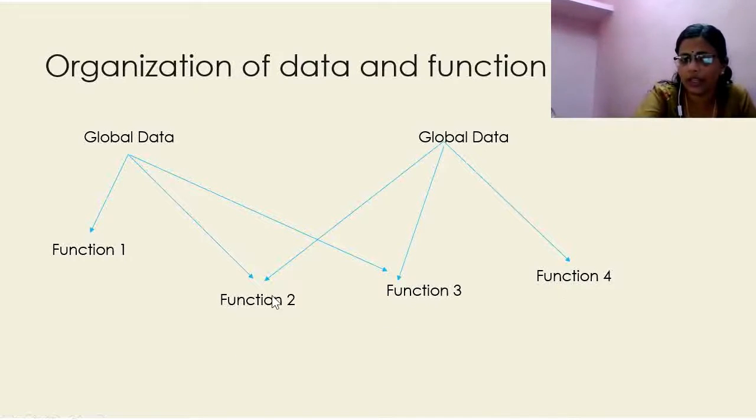Now you can see function 2 takes data from this source as well as this source. Similarly, this function takes data from this source as well as this source. So the functions may take values from anywhere. That is why we call it global data.